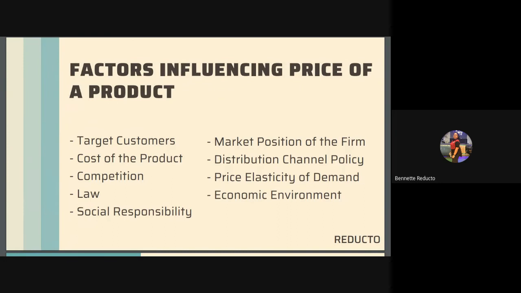The last factor is the economic condition. In recessions, prices are reduced to a sizable extent, while in a boom period of the economic environment, this will increase the cost of production and distribution, thus increasing the price of the product. Next slide, please.